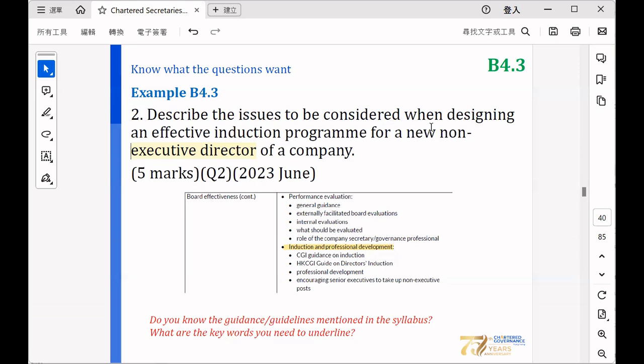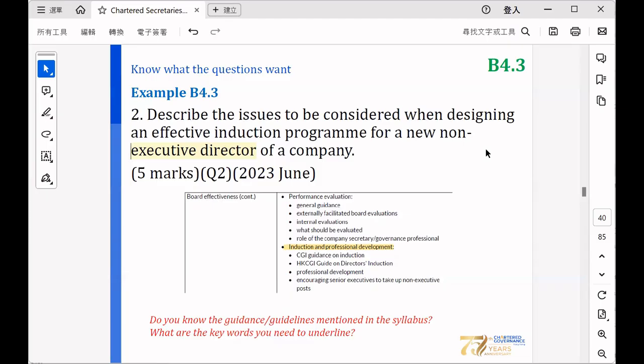For example, if he has not been a director of a listed company before, then he will need more guidance. If they have such experience, maybe you can have less induction.